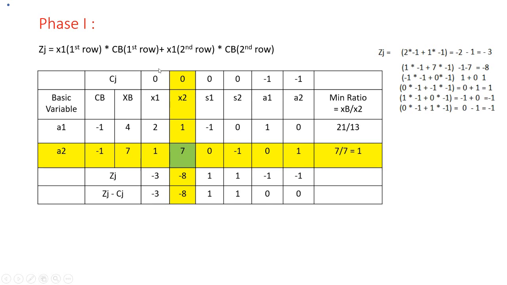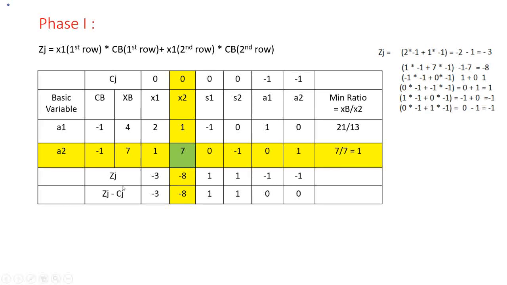So -3 minus 0 is -3, -8 minus 0 is -8, 1 minus 0 is 1, 1 minus 0 is 1, and -1 minus -1: minus minus becomes plus, so -1 plus 1 becomes 0. Again for the last one we get 0. So the values of Zj minus Cj are -3, -8, 1, 1, 0 and 0.